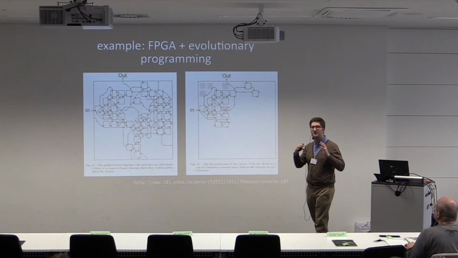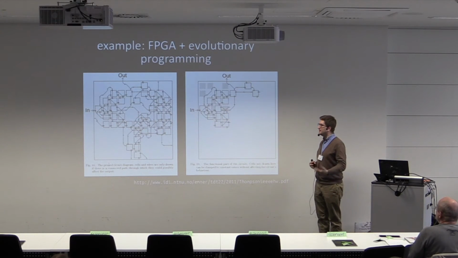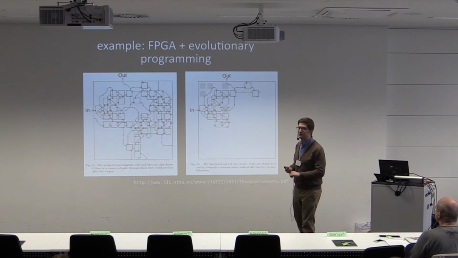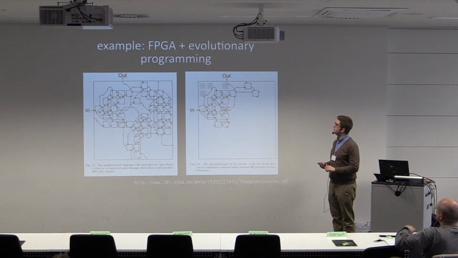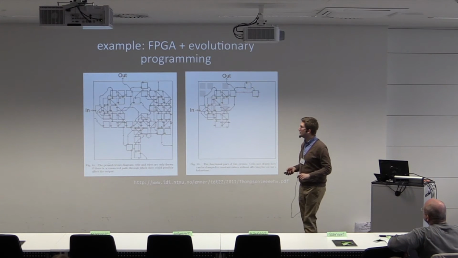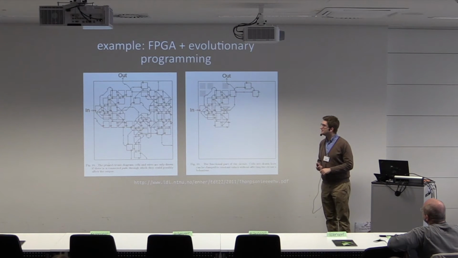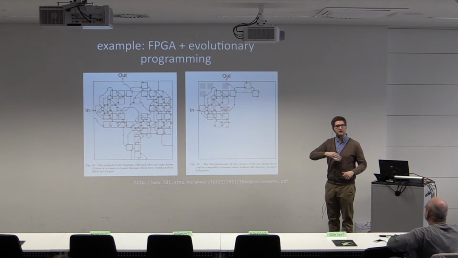If you recognize that the real world is messy and we're not going to succeed at any particular length in designing something ourselves, well, then you turn to things like evolutionary programming, and in this case, FPGAs, these field programmable gate arrays. And someone had the excellent idea to say, okay, let's just evolve this.